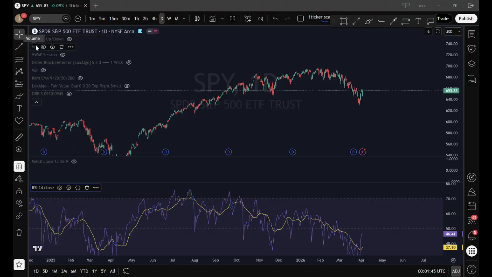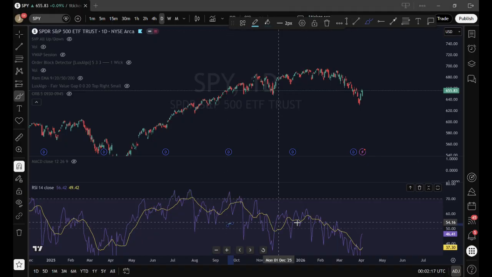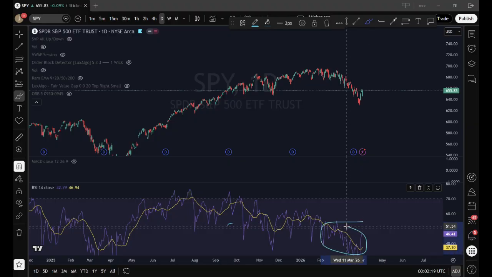RSI stands for Relative Strength Index. It's a momentum indicator. It shows whether a stock or ETF like the SPY is getting too hot, too weak, or starting to shift momentum. Right here is the RSI. You got the signal line as well.